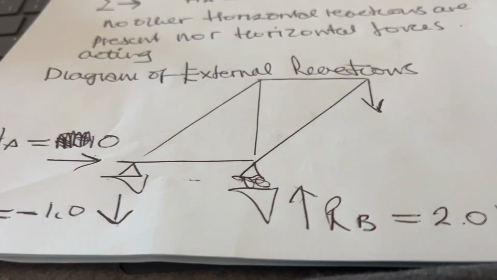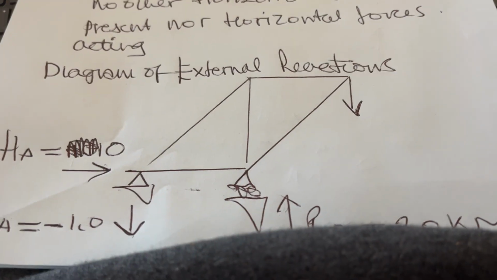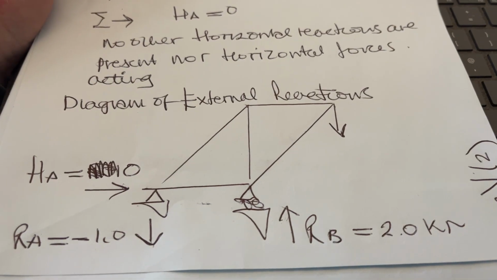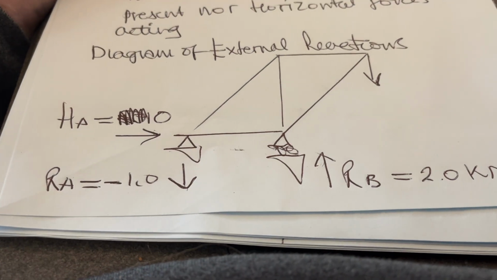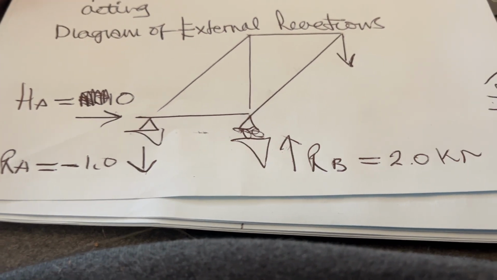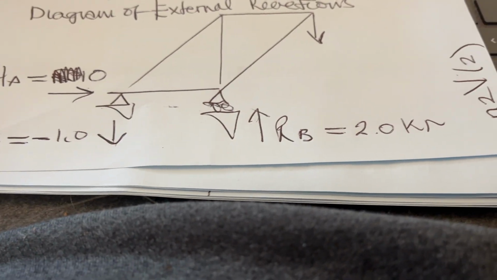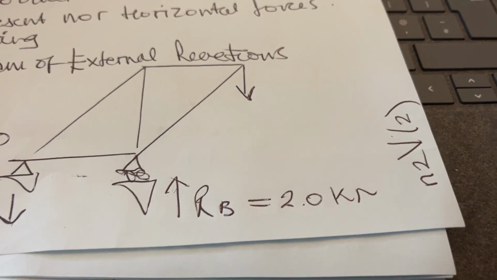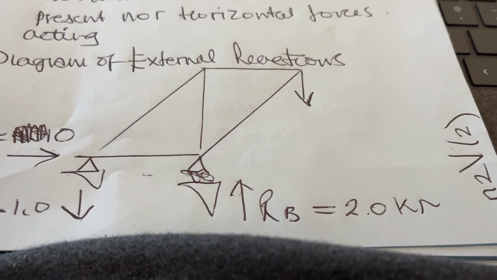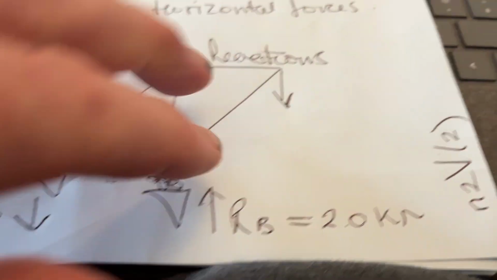So it's a quick diagram of the external reactions. HA equals 0, no other external horizontal forces or reactions. RA equals minus 1, RB equals 2. And I call this N2V, this is page 2. And that force is 1 downward.